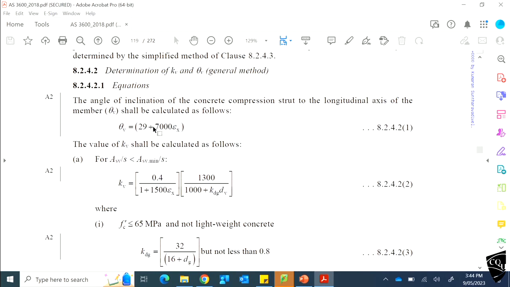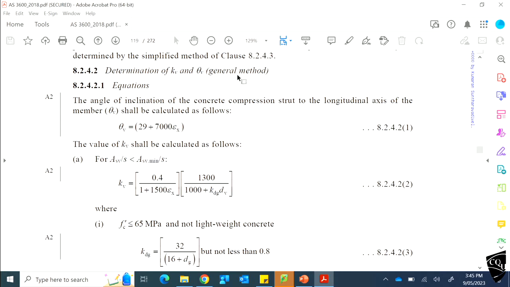So for kV and theta V, we should use the general method because the simplified method is only valid for non-pre-stress components. In RC design that's okay, because we don't have any pre-stress component.